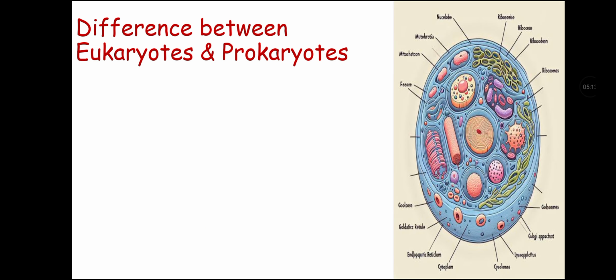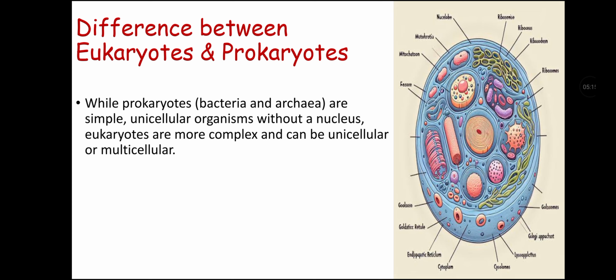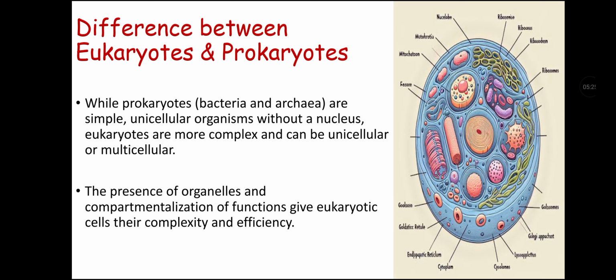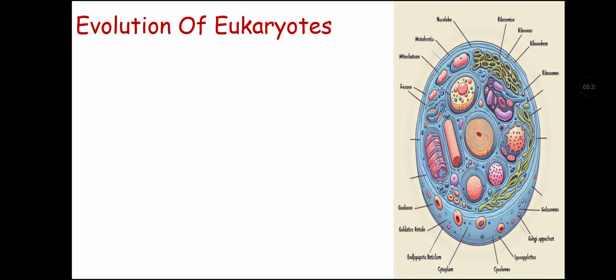Now let's talk about differences between eukaryotes and prokaryotes. While prokaryotes like bacteria and archaea are simple unicellular organisms without a nucleus, eukaryotes are more complex and can be unicellular or multicellular. The presence of organelles and compartmentalization of function gives eukaryotic cells their complexity and efficiency.